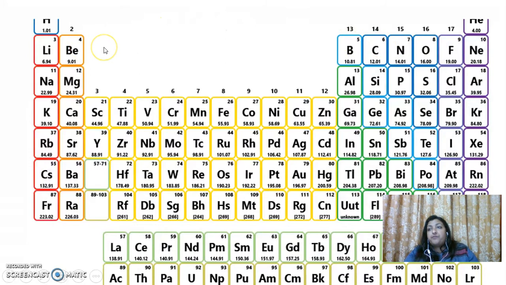These are the proton numbers of your element, and that actually determines the position of the element in the periodic table. So the number of protons in each element is the identity of that element, which doesn't change, which gives that identity in the periodic table.